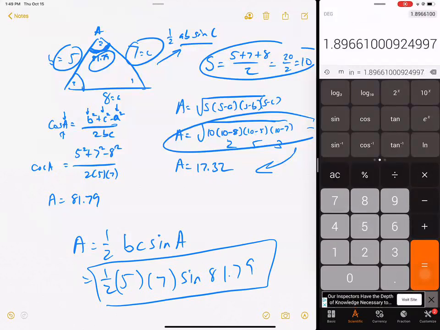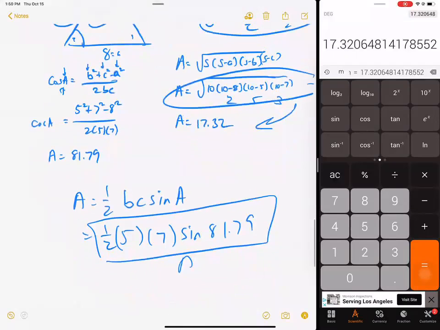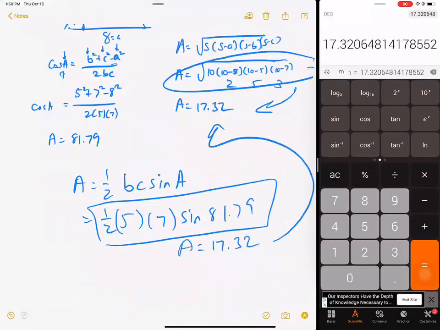Let me do that again. 5 times 7 equals, divided by 2. Okay, then we're going to multiply by 81.79 sine equals, ooh, A is equal to 17.32. Look at that.